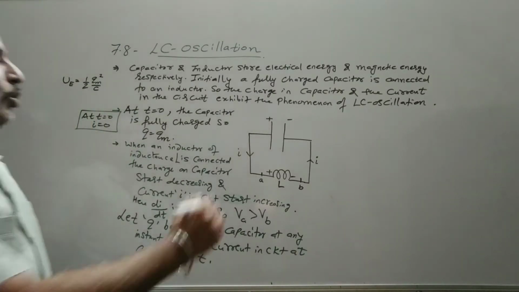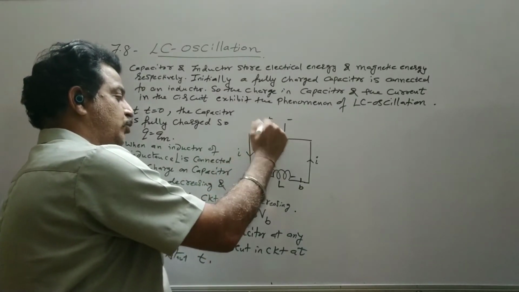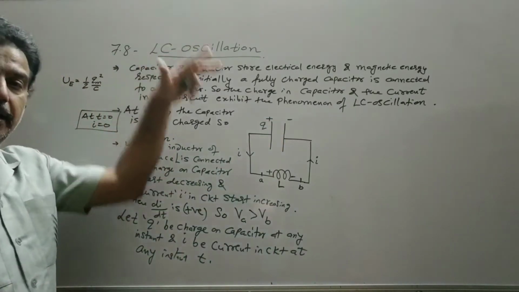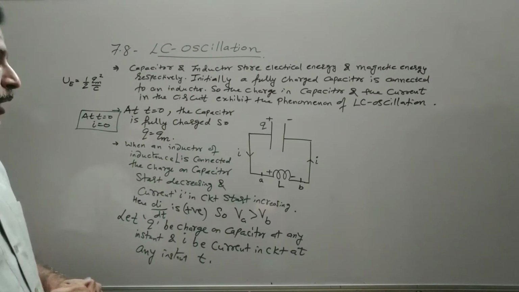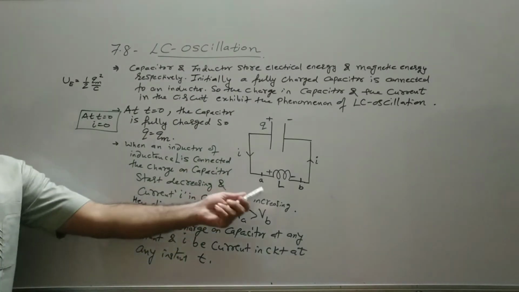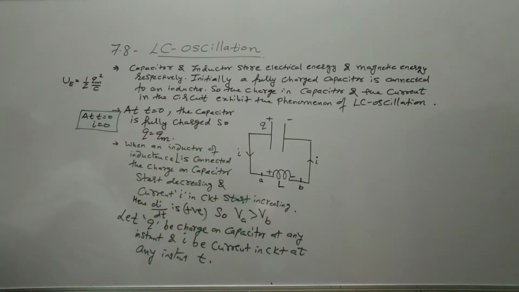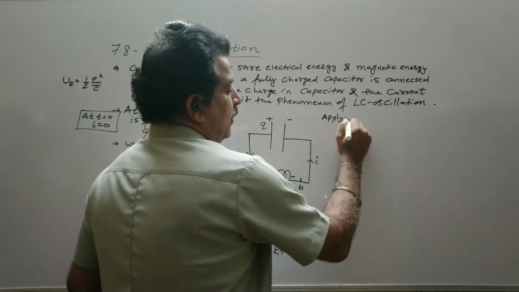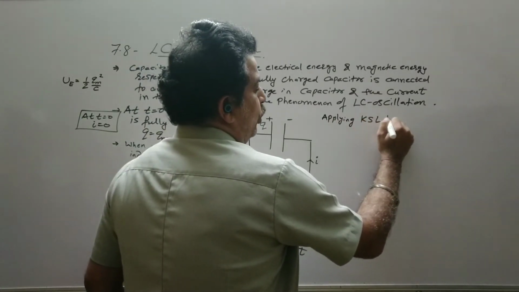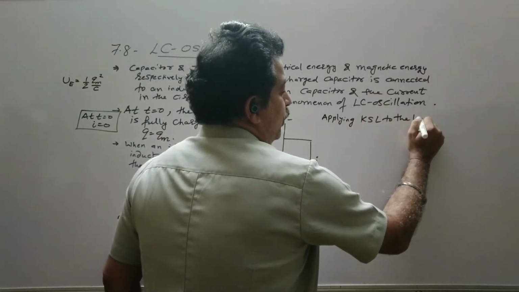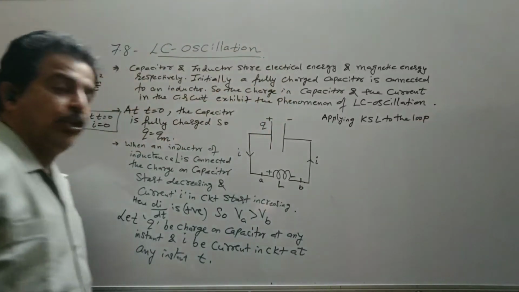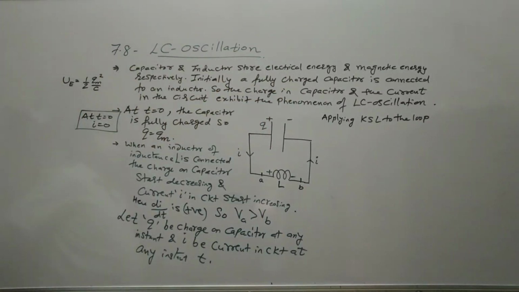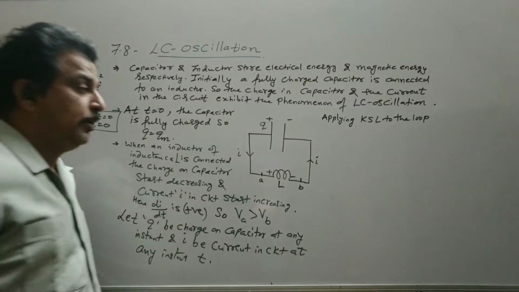The charge on the capacitor, which was initially Qm, starts decreasing and the current in the circuit starts increasing. Now we apply Kirchhoff's second law to the loop, that is, summation of V, or summation of EMF, should be equal to 0.